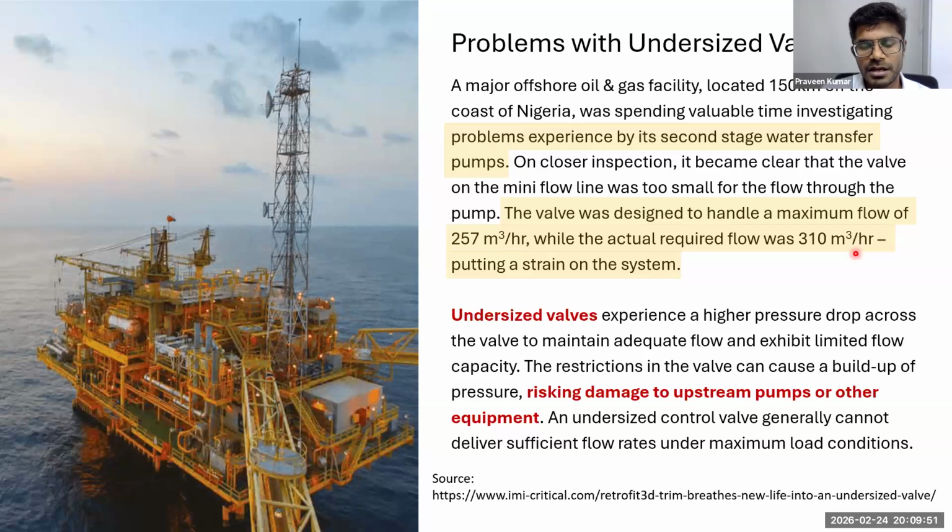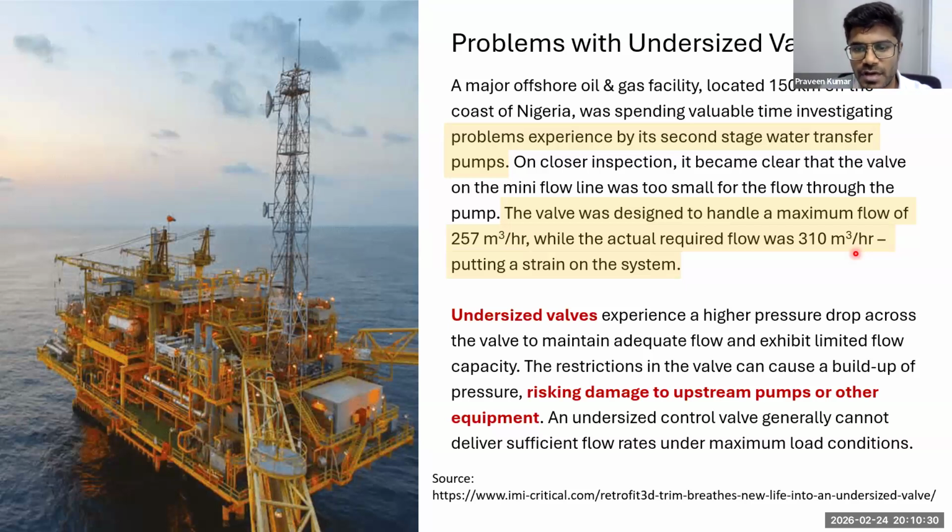Upon inspection, the valve was frequently failing, and they came to know the valve, which was already installed, from some other manufacturer, was designed to handle a maximum flow rate of 257 meter cube per hour, and the actual requirement for pumping the transfer water is 310 meter cube per hour. So that has been putting strain on this whole system, and that started affecting all the systems connected to them.